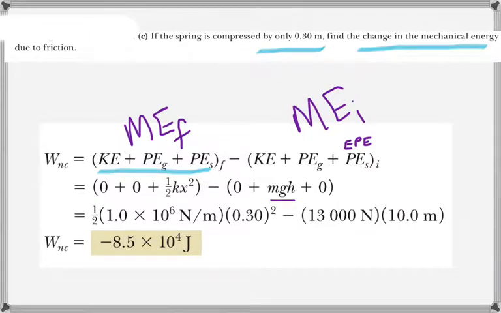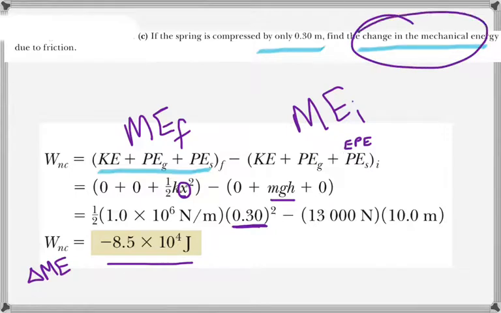We put that into the equation and substitute. Remember, this time we are going to put x as 0.3 because the question says it is 0.3. Calculate it. We get the answer, which is the change in mechanical energy that the question is asking for.